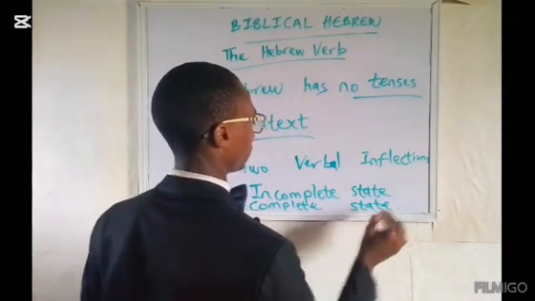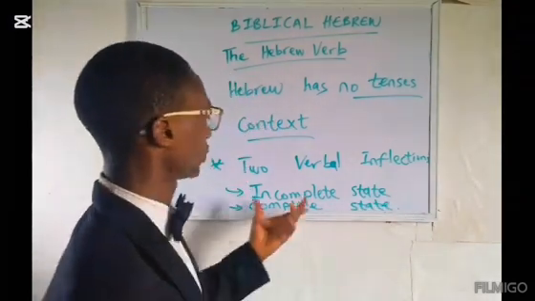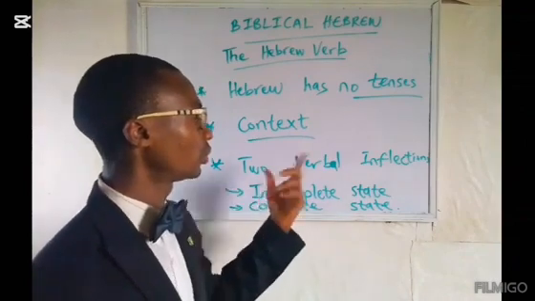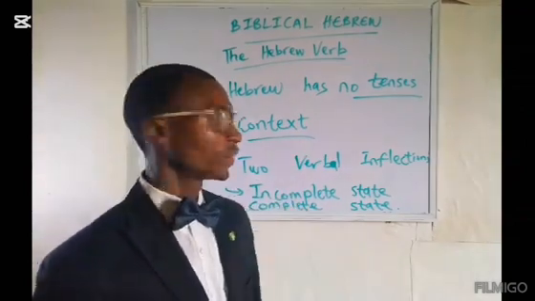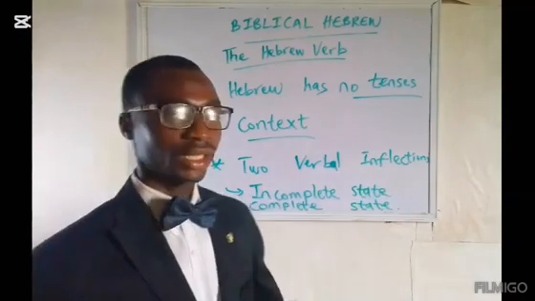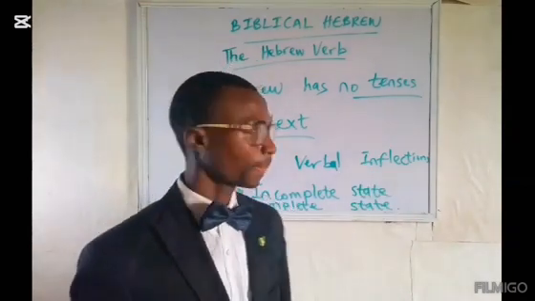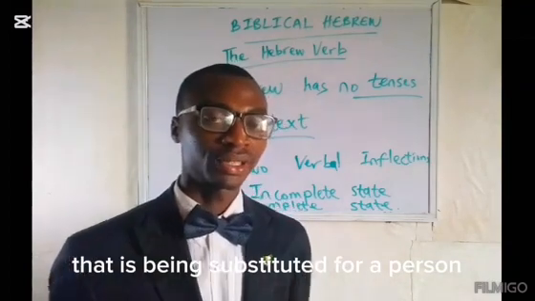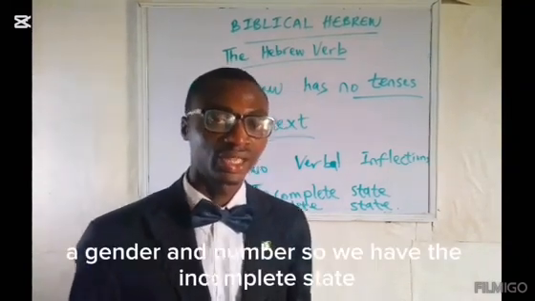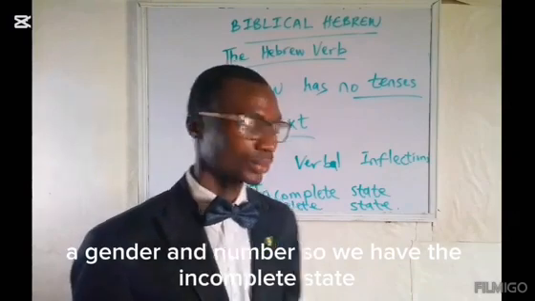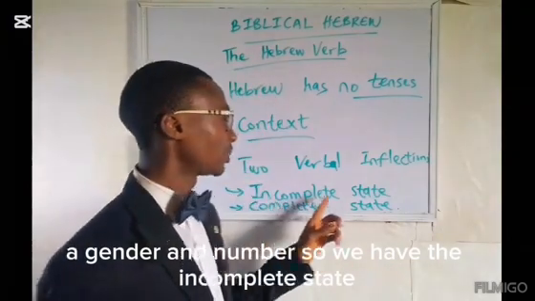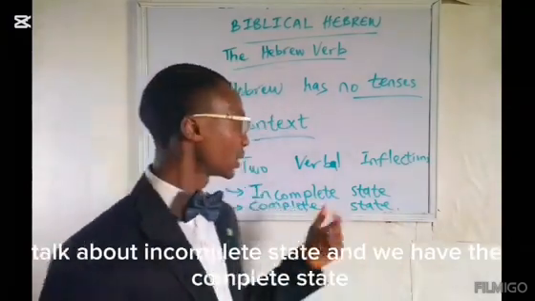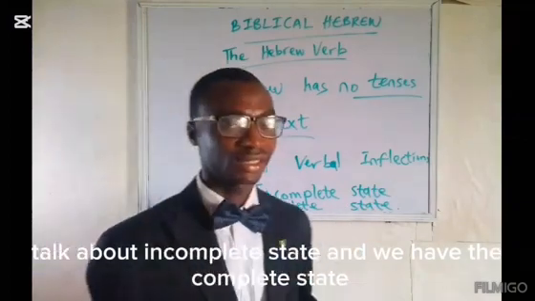These are the two full verbal inflections that are used for person, gender, and number. So we have the incomplete state, and we have the complete state.